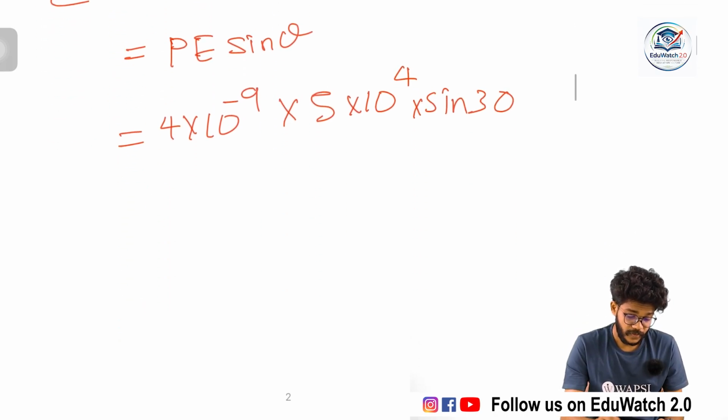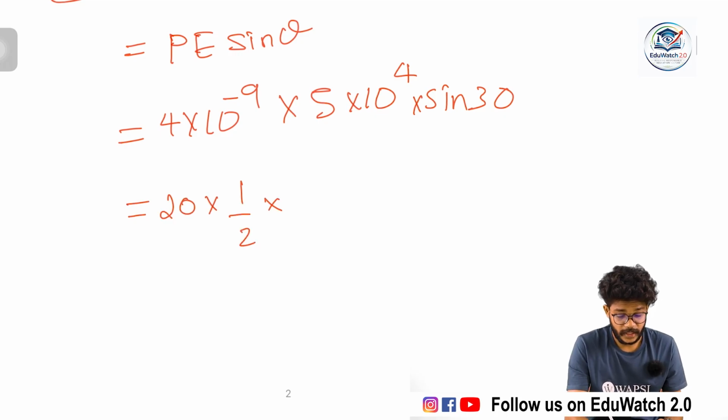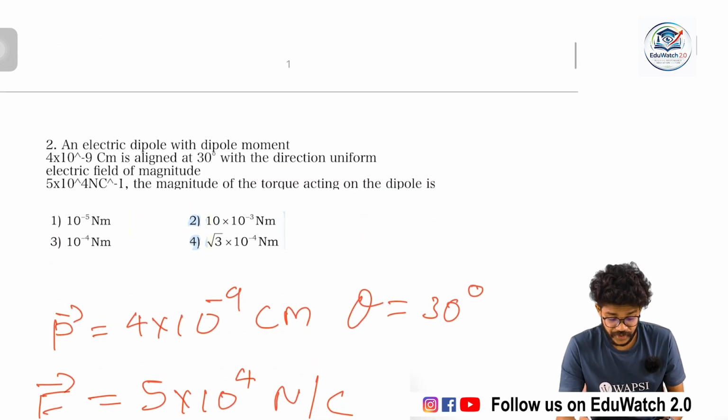Okay, 4 into 5 is 20 and sin 30 is 1 by 2 and 10 raised to minus 5, which is equal to 10 into 10 raised to minus 5, which is equal to 10 raised to minus 4. Okay. So which option is the correct answer?